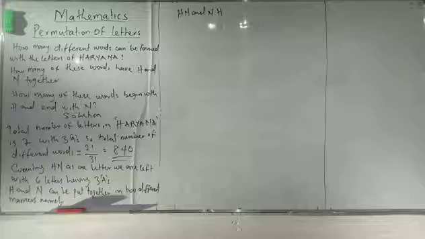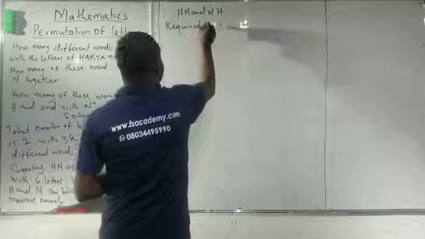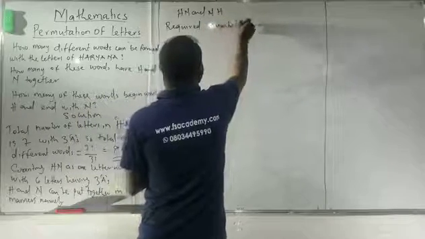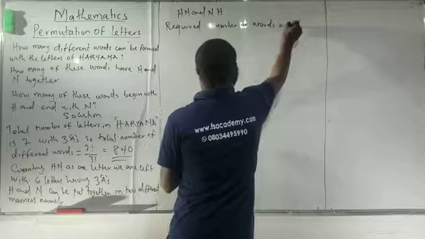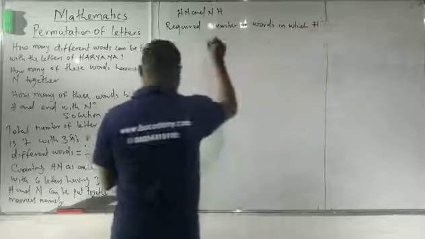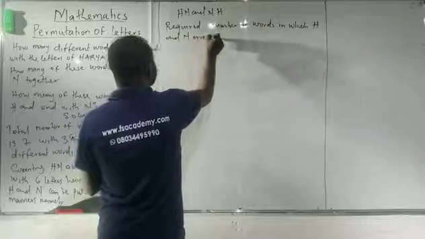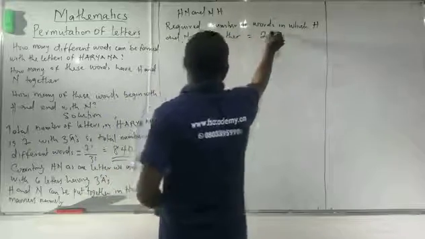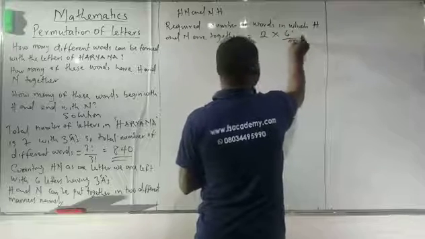Now, required number of words in which H and N are together will be equal to 2 multiplied by 6 factorial all over 3 factorial.